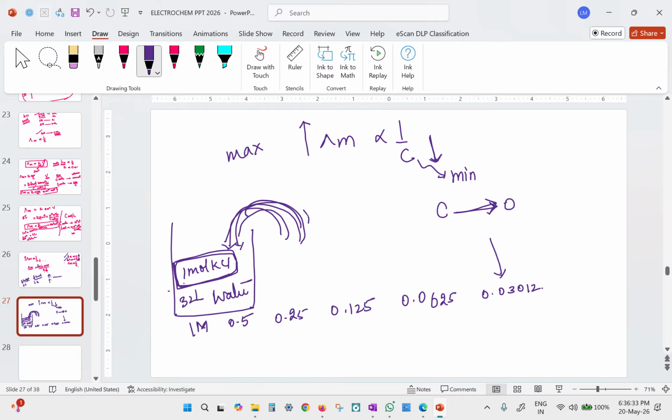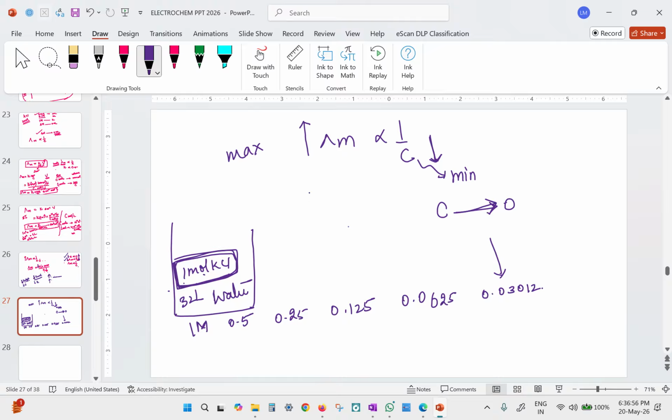Even if you keep on adding water, let us bring 100 liters of water, 1000 liters of water, that 1 mole of KCl is still there. So the concentration of KCl never becomes zero, but it approaches zero. Can you accept that? It's very small, so small that it is almost zero, but not zero.